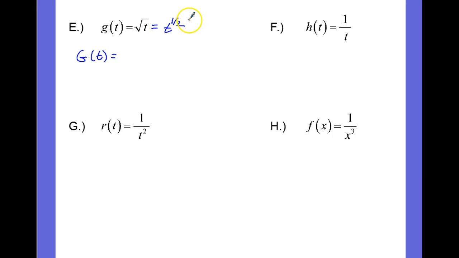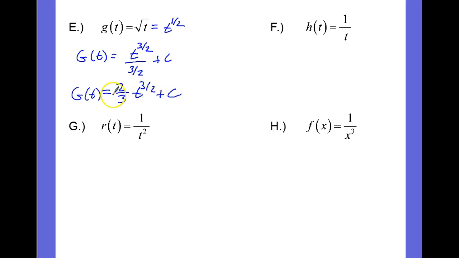So 1, you could think of that as 2/2, and so if I increased 1/2 plus 2/2, I would get t to the 3/2. And then remember that we divide by the exponent. So divided by 3/2 plus C. And so if I simplify this, G of t is going to be equal to 2/3 t to the 3/2 plus C.